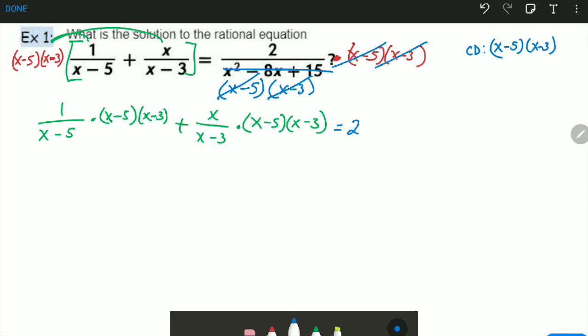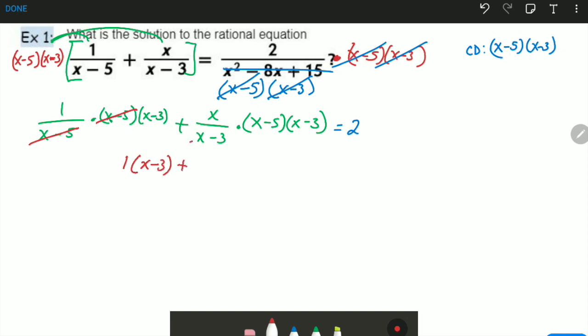On the left side, however, I chose to write it out a little bit longer. I don't normally do that as I'm doing these problems, but it makes more sense when you're first seeing one of these problems with a little bit more complicated operations involved. The x minus 3's, the x minus 5's for the first fraction end up canceling out, leaving us with the 1 times x minus 3, which is really just x minus 3.